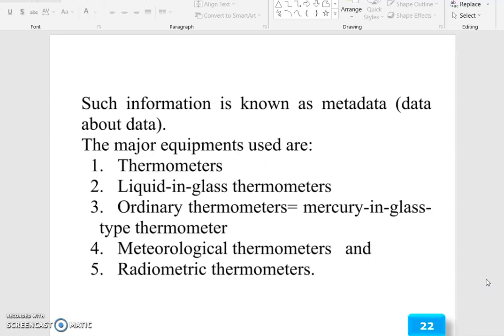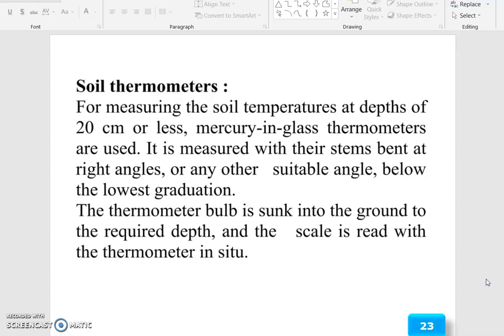The major instruments used are thermometers: liquid in glass thermometers, ordinary thermometers, mercury in glass type thermometer, meteorological thermometer, and radiometric thermometer. Soil thermometer for measuring the soil temperature at depth of 20 centimeter or less.